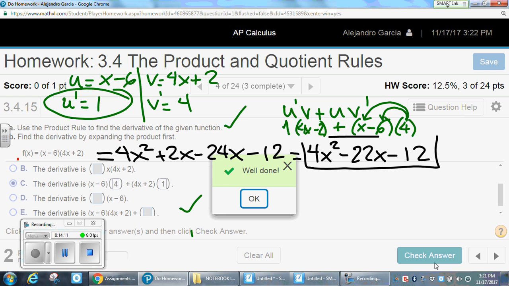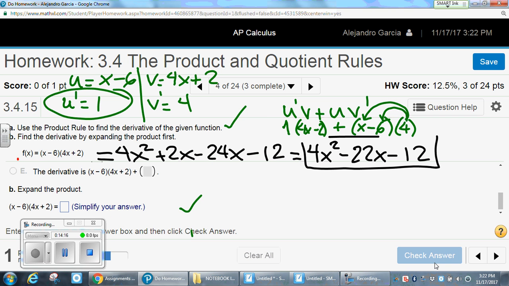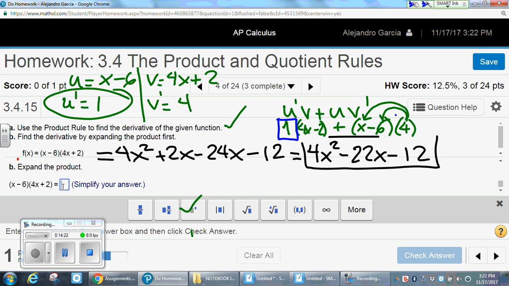Well done. Okay, so the problem was that we didn't have to simplify. We just had to enter the constants 1 and 4, but they were in reverse order.